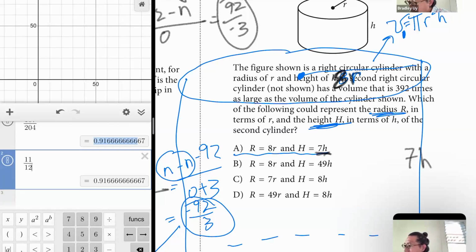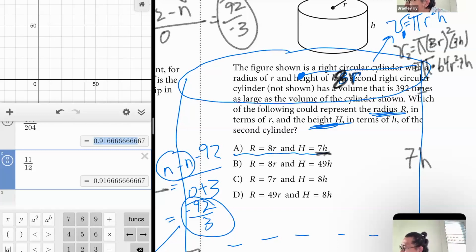The volume of this large right circular cylinder, v sub 2, is pi, but instead of squaring a normal r, I'm squaring 8r. And instead of multiplying by h, I'm multiplying by 7h because I want it in comparison to the other. So what I have here is 64r squared times 7h.